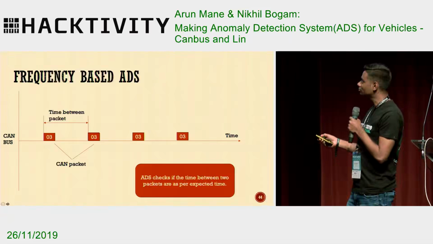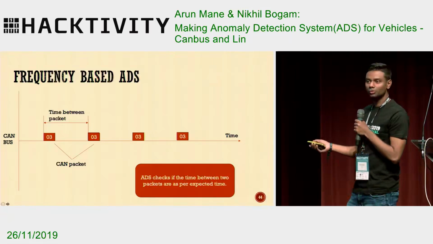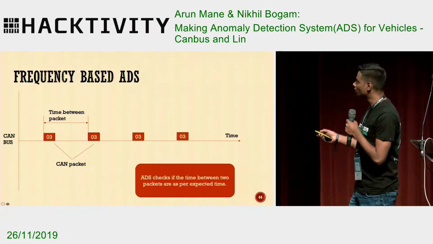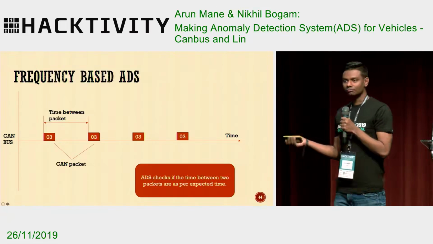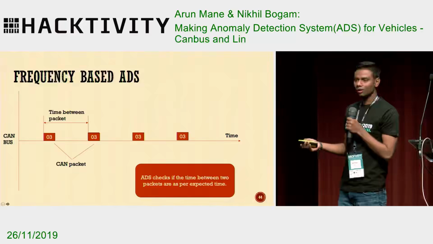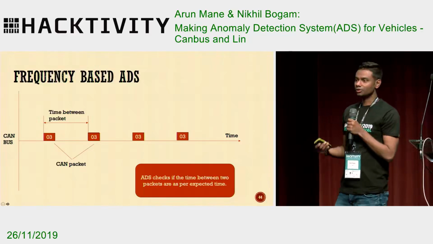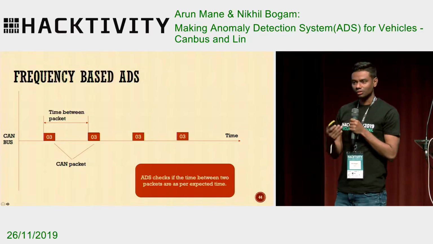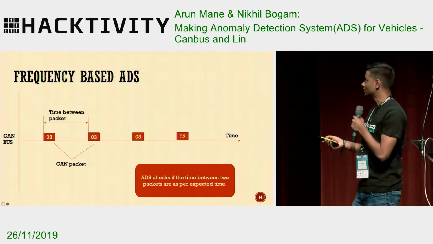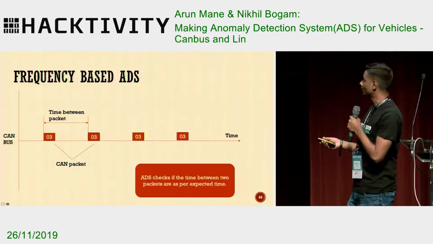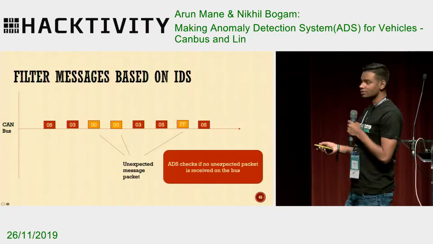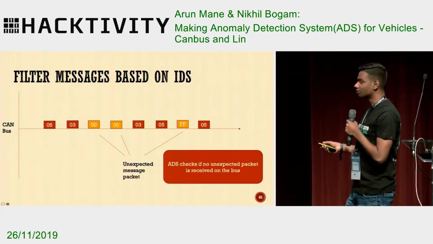We can keep a window, and if a message goes beyond that window, we say that this packet was not sent by a legitimate ECU, but by an intruder or another ECU sending this message, an attack ECU basically. This is one type of method we can apply.